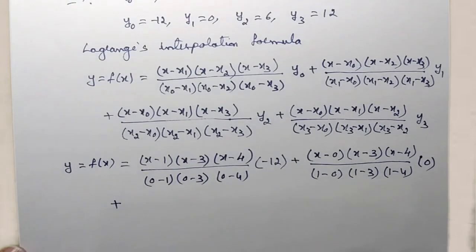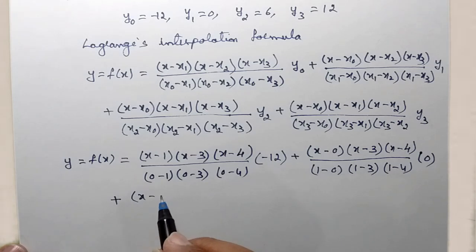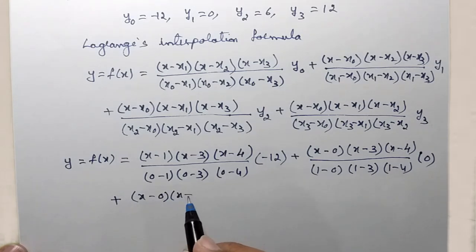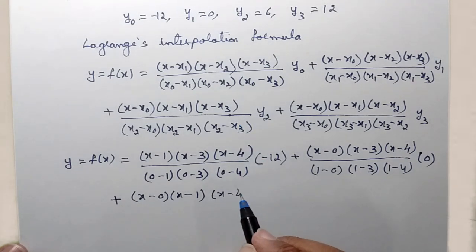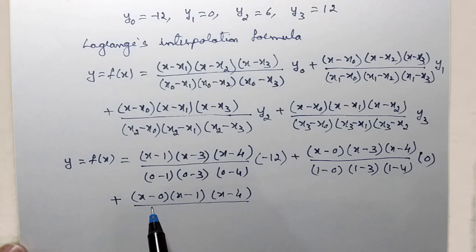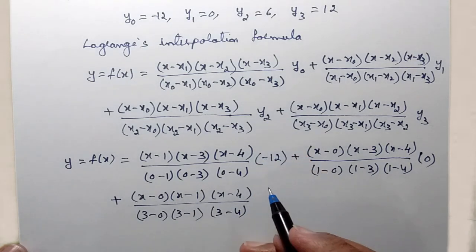plus x minus x0, where x0 is 0, x minus x1, where x1 is 1, x minus x3, where x3 is 4, whole divided by, here x2 is 3, so it is 3 minus 0, 3 minus 1, 3 minus 4. The corresponding value of y2 is 6.